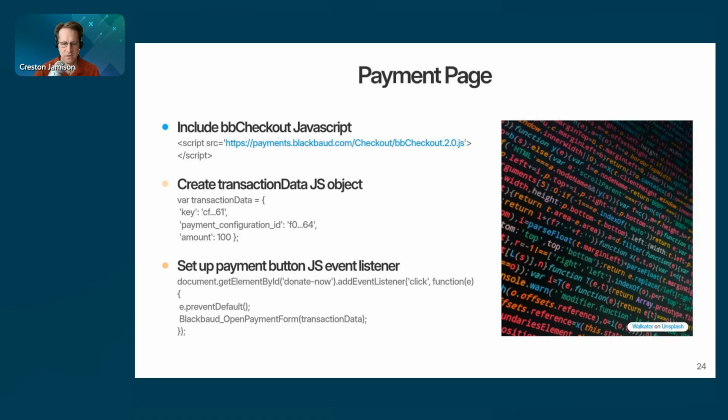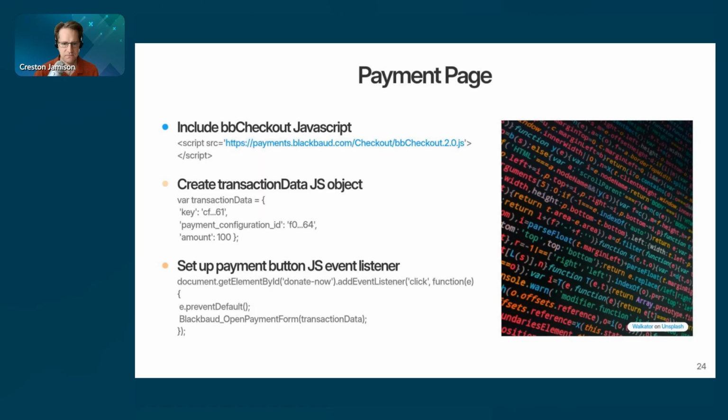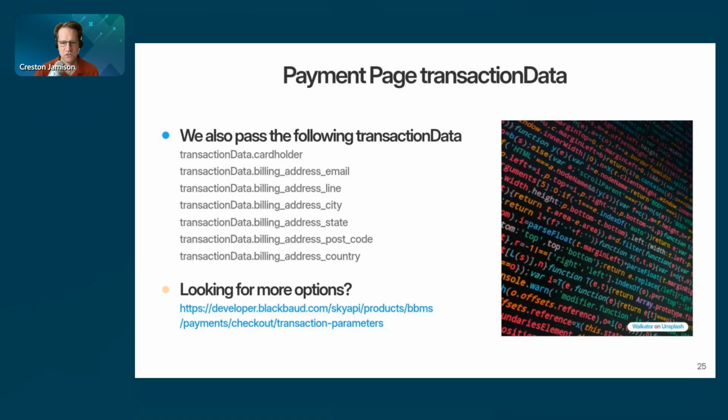And then you set up some sort of payment button with a JavaScript event listener to say when that button is clicked, run Blackbaud open payment form, and you pass in that transaction data you defined. Now, with regard to the transaction data, let's go back and just look at that. In this example, the transaction data includes the key, payment configuration ID, and amount, but there are a whole host of other options you can add.